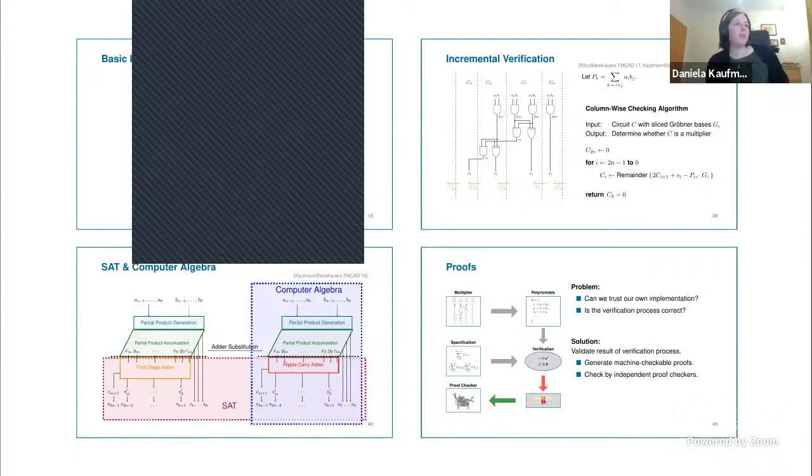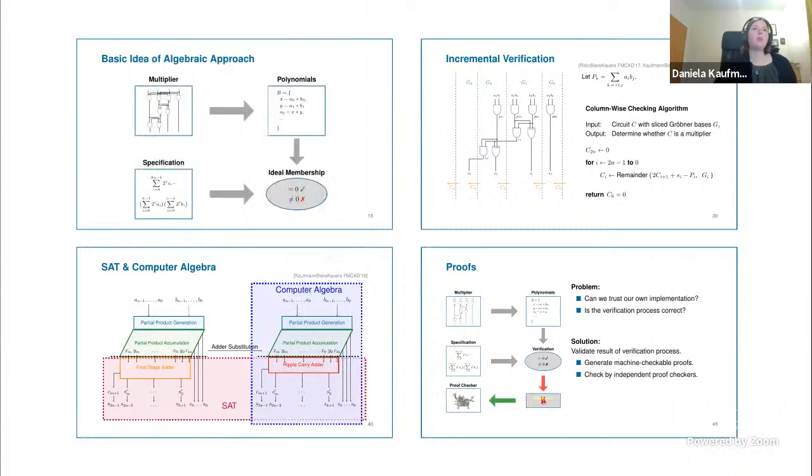There's also some research done by other groups where they want to locate the error, and it's not directly possible to say at which part or which gate is the wrong gate. But you can see from the coefficients of the remainder the cone of influence from the output bit.